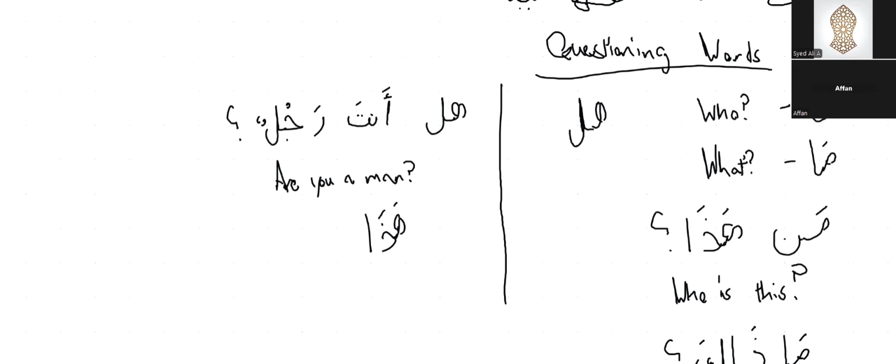Hada kitabun, that would be, this is a book, right? But now if we add hal into it, so hal, now it becomes a question, and we're asked, is this a book?